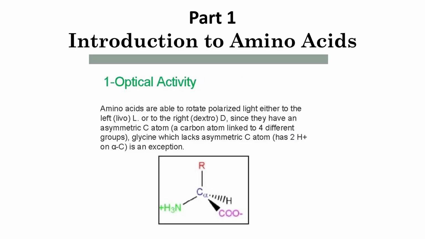So this is what I was talking about. Left is levorotatory and right, D, is dextrorotatory. So it basically rotates the polarized light either to the left or right. Depending upon that, there can be an L isomer or a D isomer.